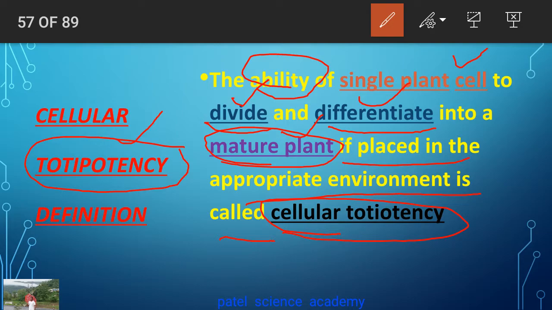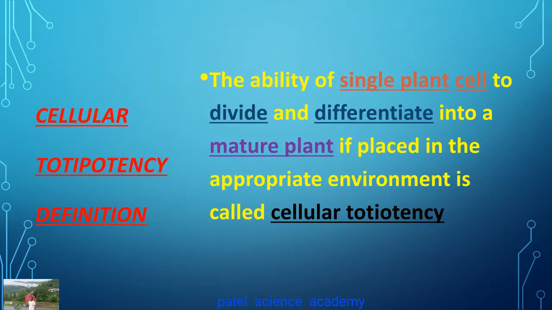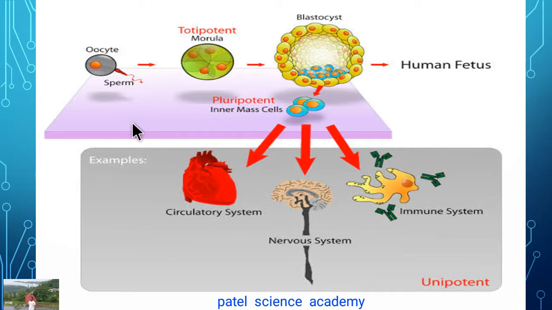All plant cells generally have this ability, called totipotency. I hope you have understood about totipotency, meaning the plant cell has the ability to divide and differentiate into a matured plant. Now we'll see this slide.